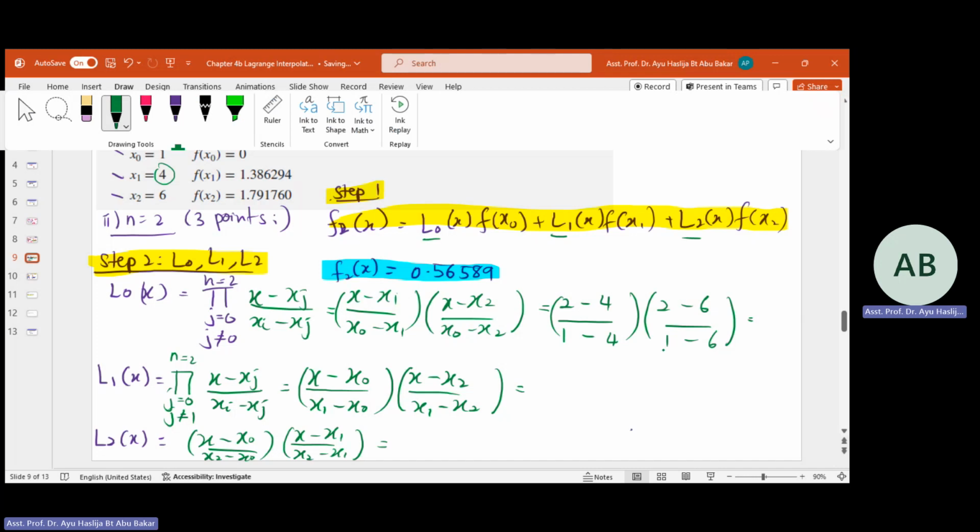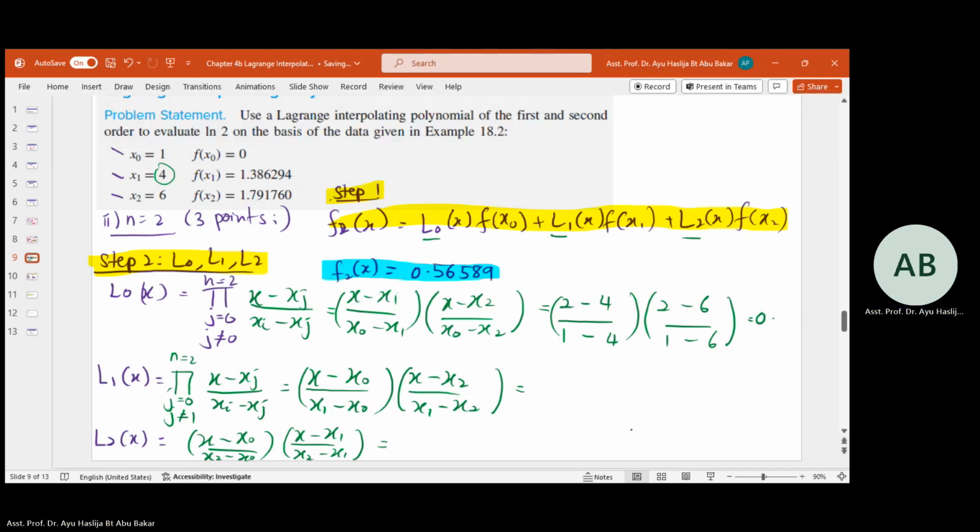L0, you should get 0.533. Once you sub into the expanded equation, you'll get your F2(x) as this figure, 0.56589.